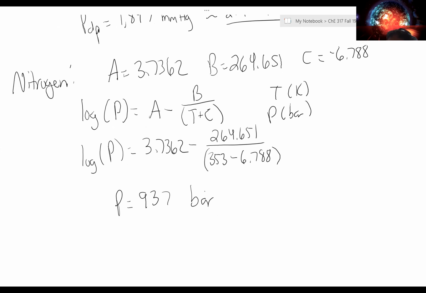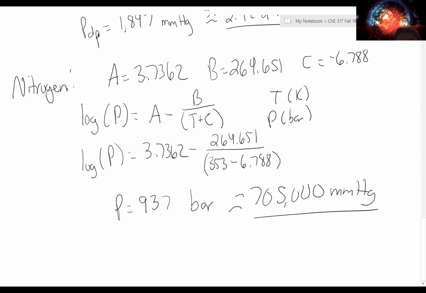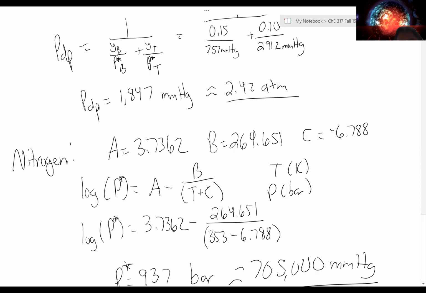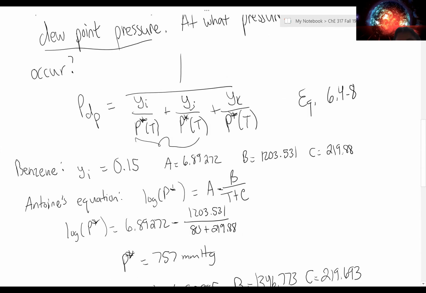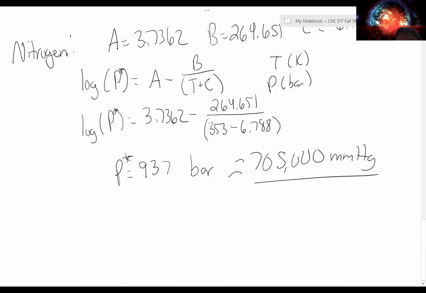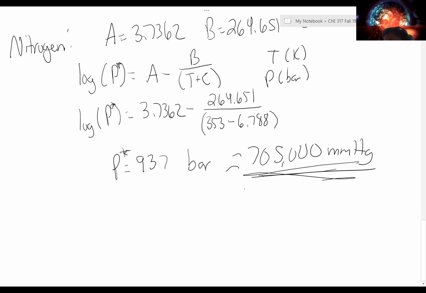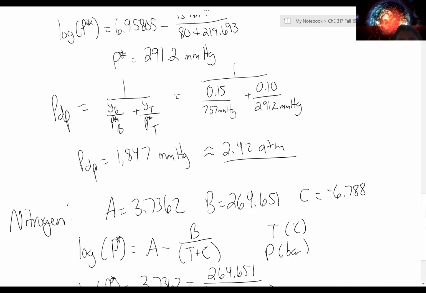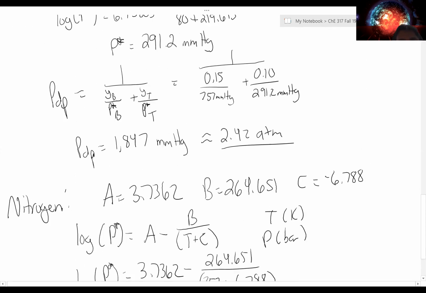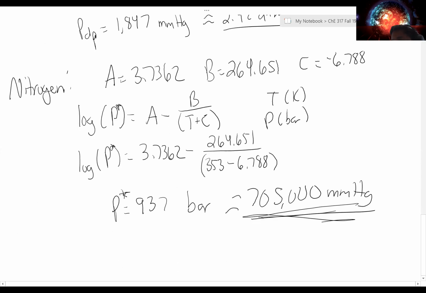Which, if I converted that to millimeters of mercury, would be somewhere on the order of 705,000 millimeters of mercury. Okay, so that's the vapor pressure that I'm getting for nitrogen. So if I take its mole fraction 0.75 and divide it by this value, 705,000 millimeters of mercury, it's not going to change my end result. And so in this case, I would say my assumption was valid, because the vapor pressure of nitrogen is so high, I consider it a non-condensable.